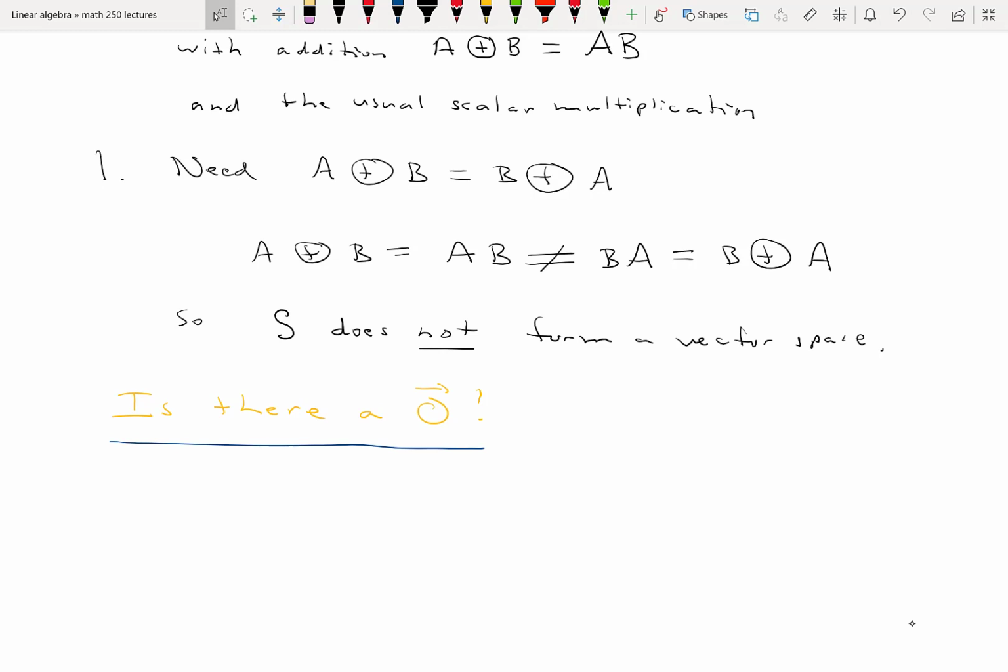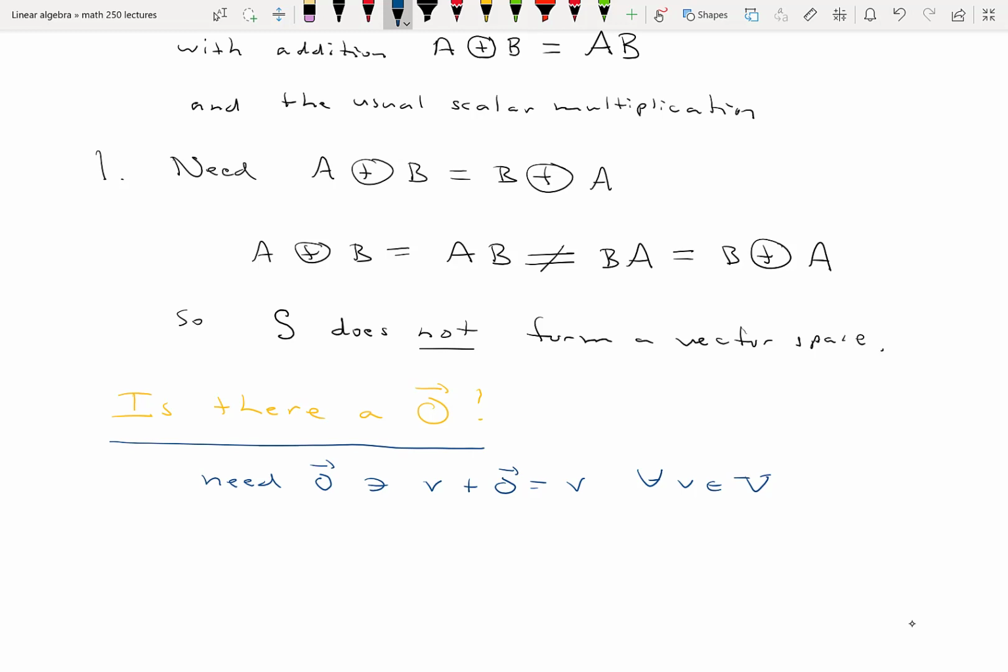We need A plus 0 equals A. We need a zero vector such that V plus 0 equals V for every V in the vector space.